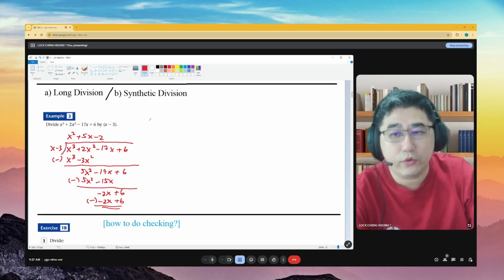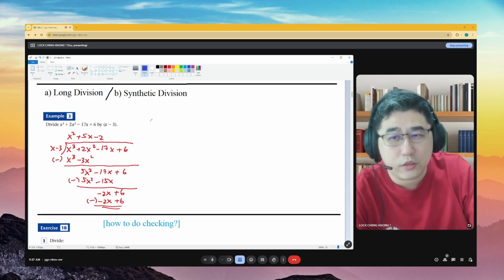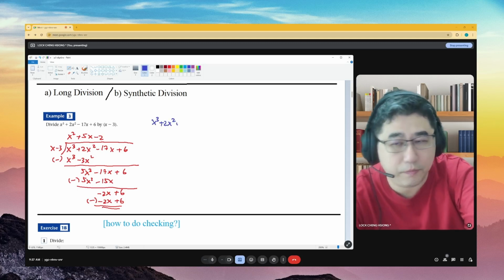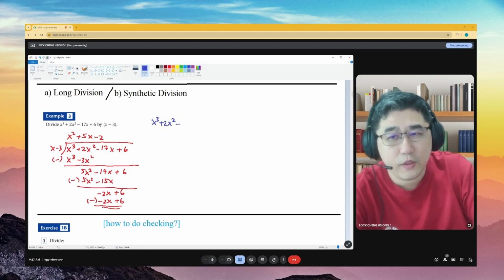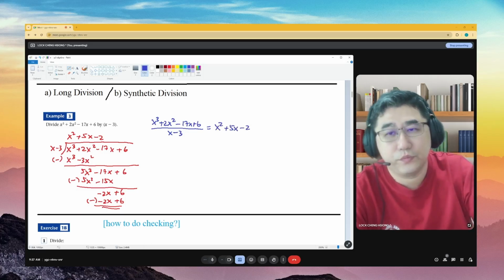So you have your quotient of x squared plus 5x minus 2. So x cubed plus 2x squared minus 17x plus 6, divided by x minus 3, gives you x squared plus 5x minus 2.